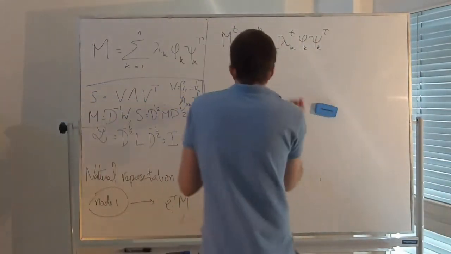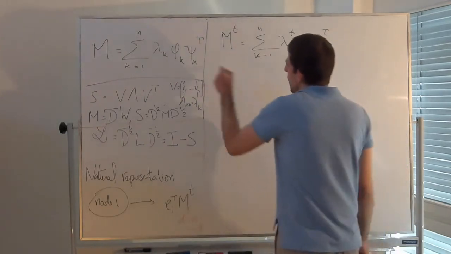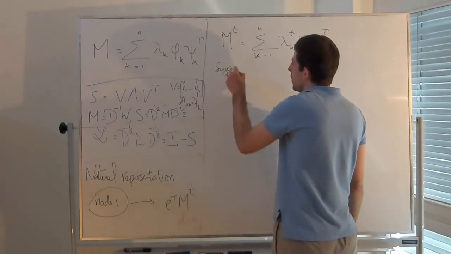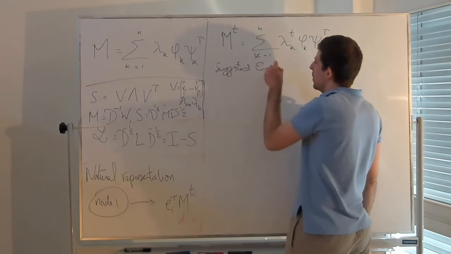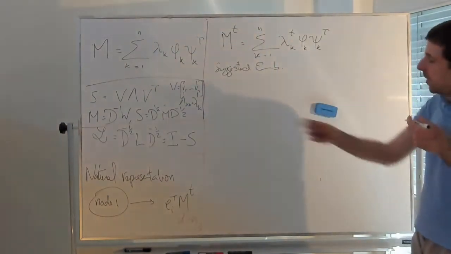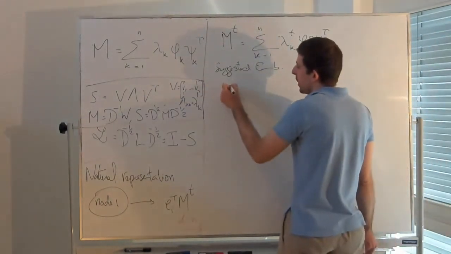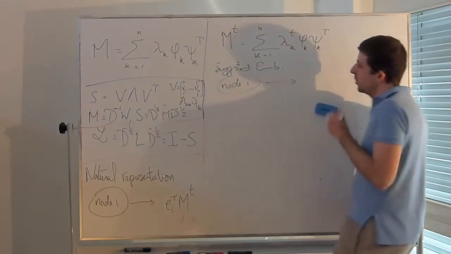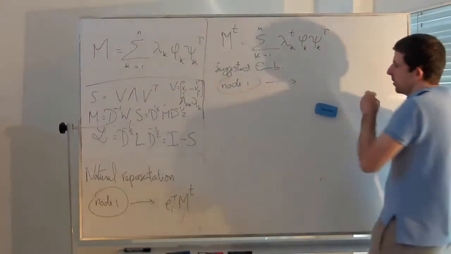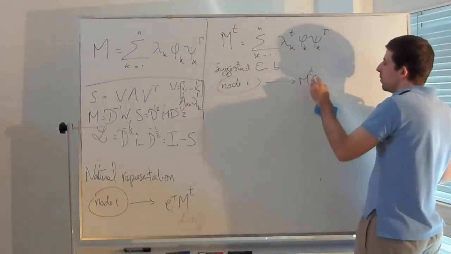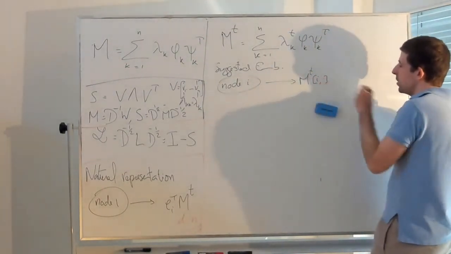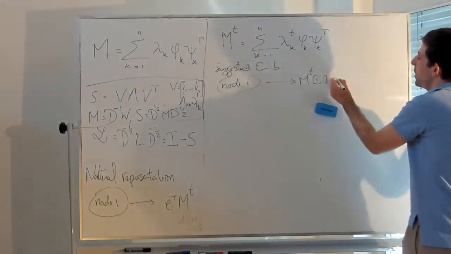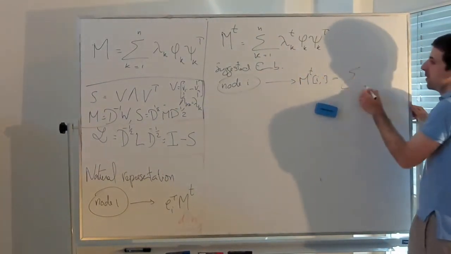And so, in particular, this immediately suggests an embedding, what we call the natural representation, or a suggested embedding. It can now be written very nicely, because the node i will just go to this expression, M to the t, row i, in MATLAB notation.